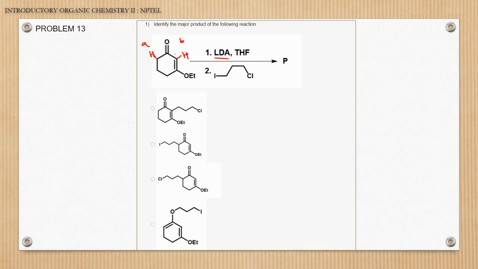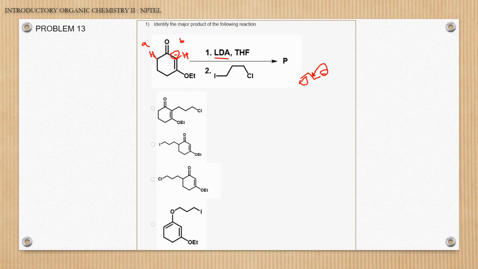Why? Because if it abstracts from HB, you will get a negative charge at this position, and this would be a vinyl anion. Vinyl anion is very unstable, unlike the allyl anion. If the negative charge is present at this allyl carbon, then it is stabilized due to the delocalization which is present in this system.